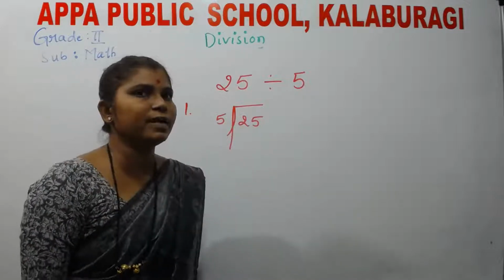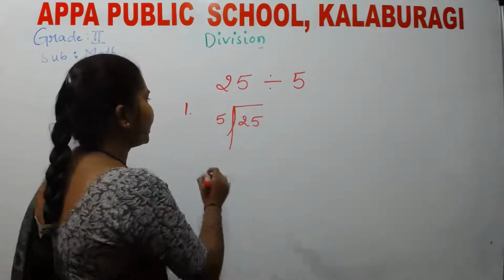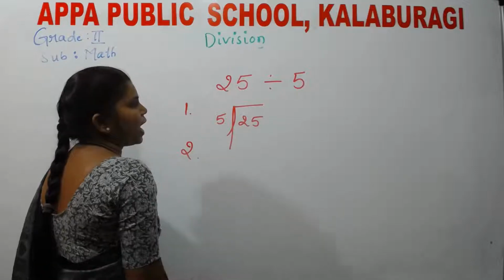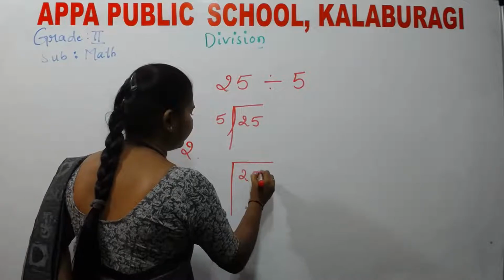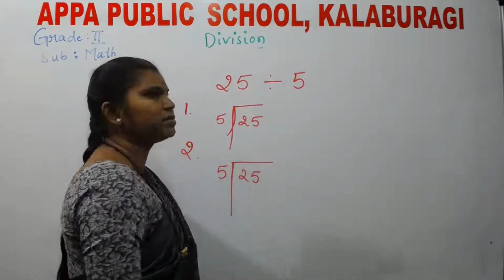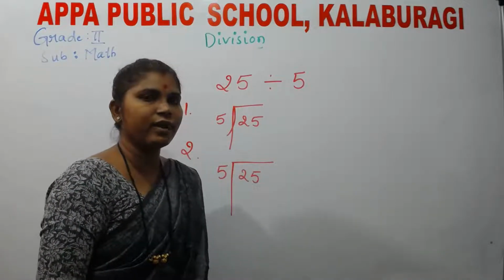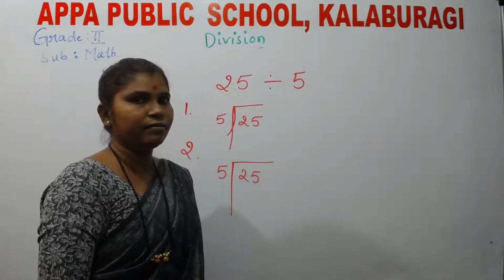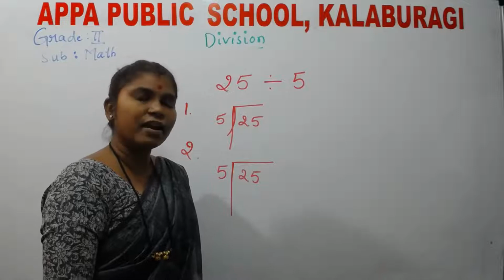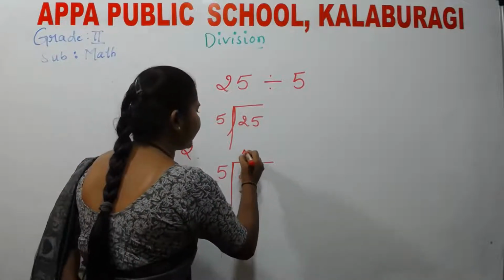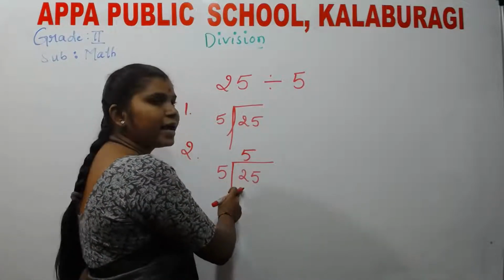Next step, I read the tables. 5 ones are 5, 5 2s are 10, 5 3s are 15, 5 4s are 20, 5 5s are 25. Yes, I have read the table where I get 25.